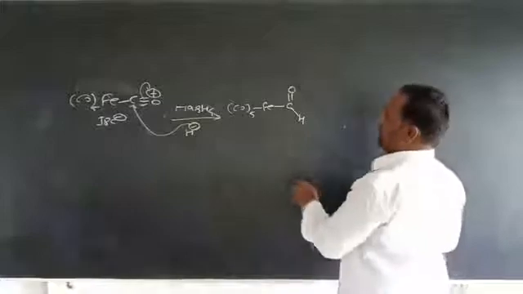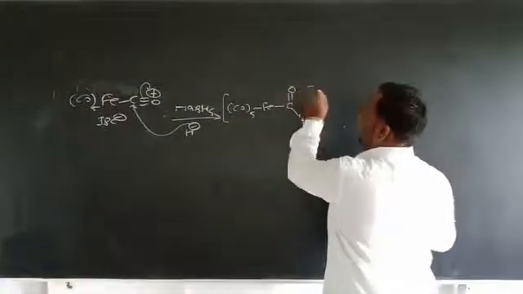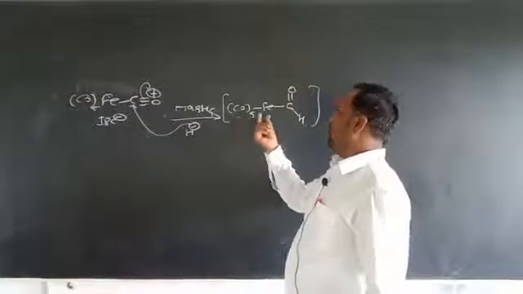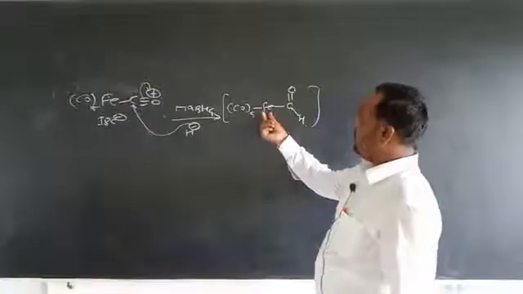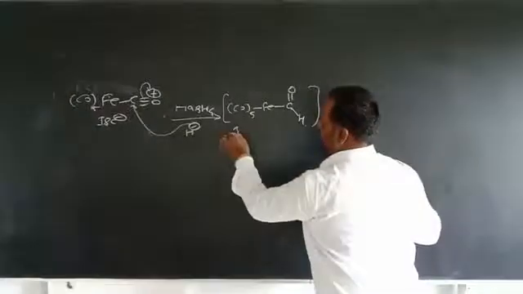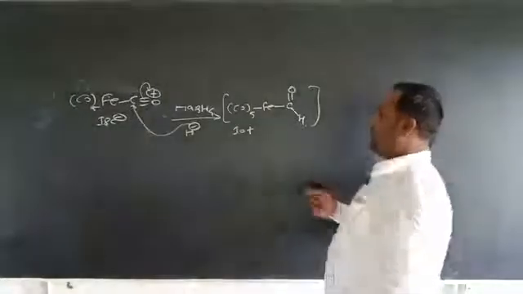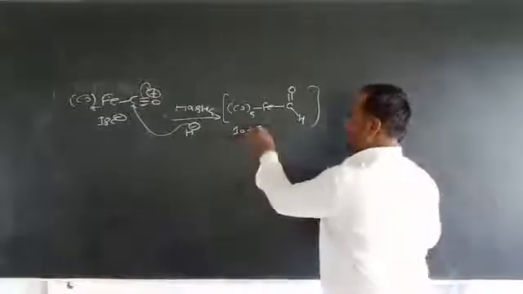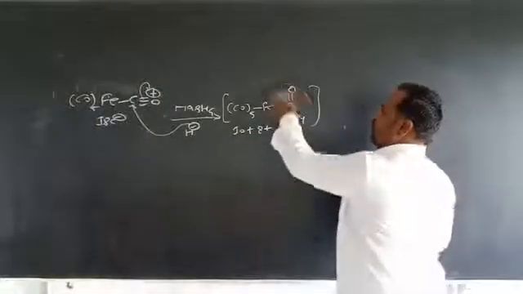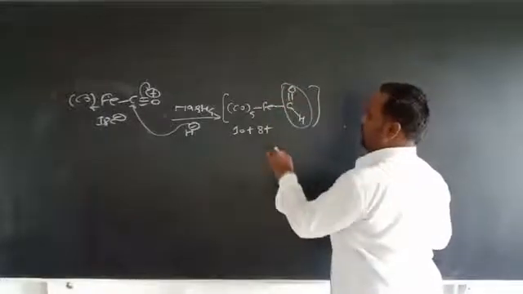So again if you consider this complex, it should be 18 electrons. So here the carbonyl contributes 10 electrons, Fe 4s2 3d6 contributes 8 electrons, plus this group, that is the aldehyde group, also contributes 1 electron.